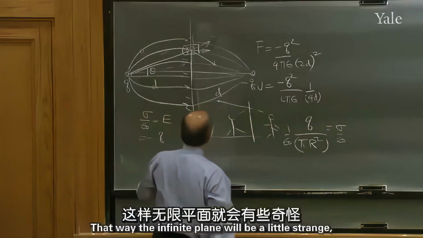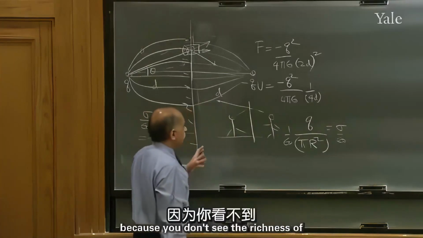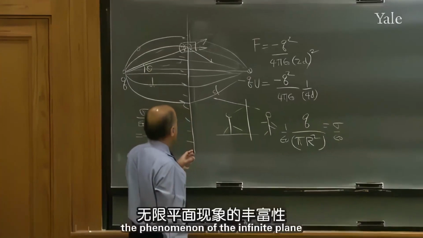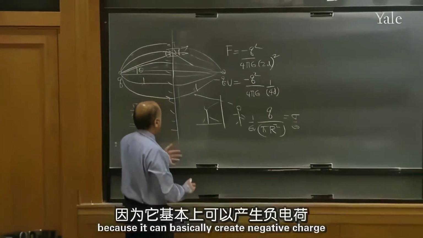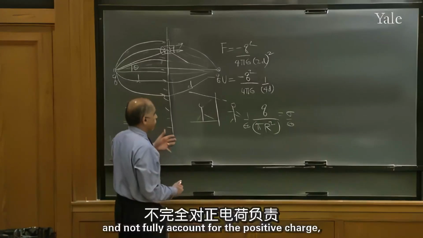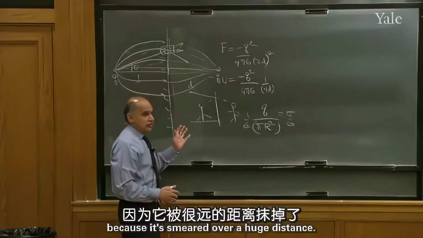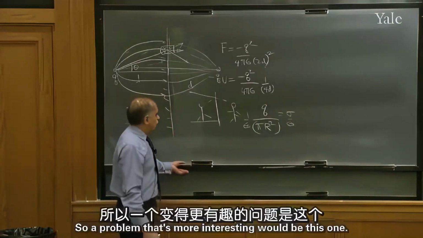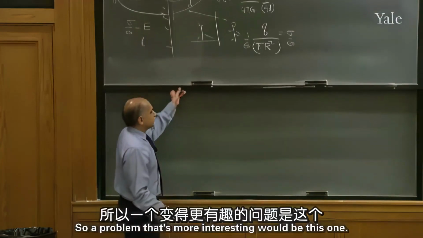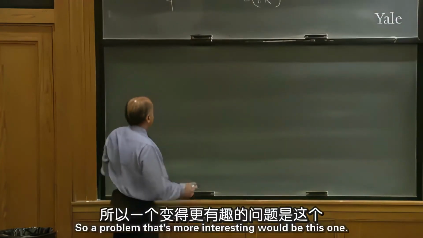That's why the infinite plane is a little strange, because you don't see the richness of the phenomenon in the infinite plane, because it can basically create negative charge and not fully account for the positive charge, because it's smeared over a huge distance. So a problem that's more interesting would be this one.